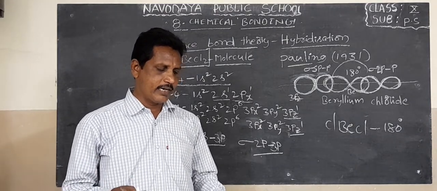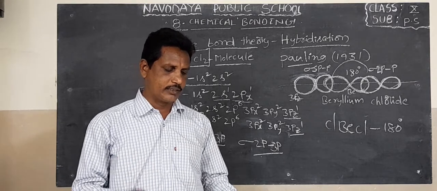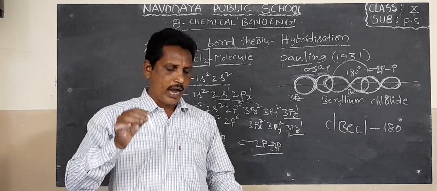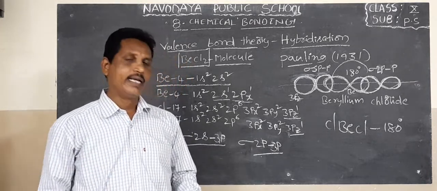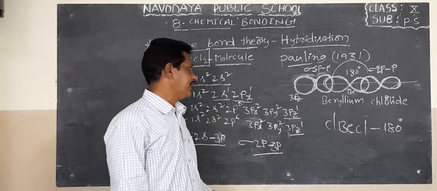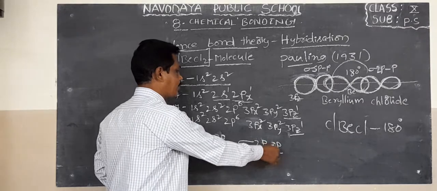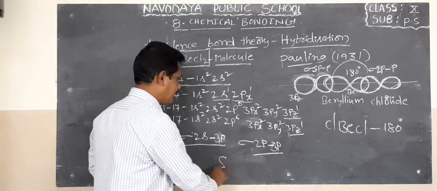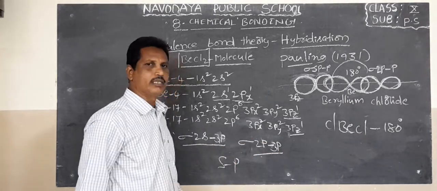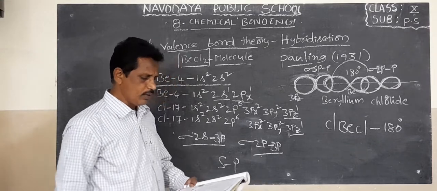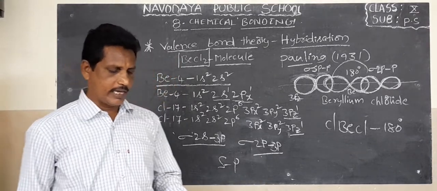The new orbitals, named after the types of orbitals that underwent hybridization, are called sp orbitals: one s orbital and one p orbital. This is the sp overlap.